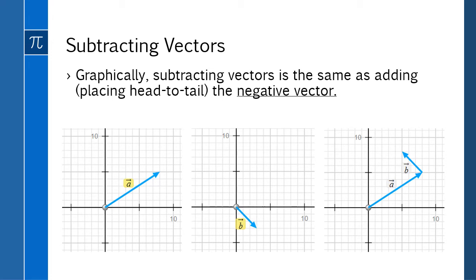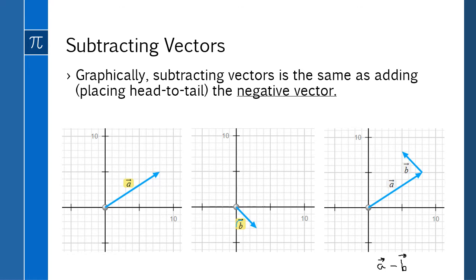So graphically speaking, subtracting a vector is the same as adding or placing head to tail the negative vector. So imagine here I'm given vector A and vector B. You can see those on the graphs. And you want to imagine what vector A minus B is going to look like. So the first thing you'd want to do is figure out, okay, I know what B is.